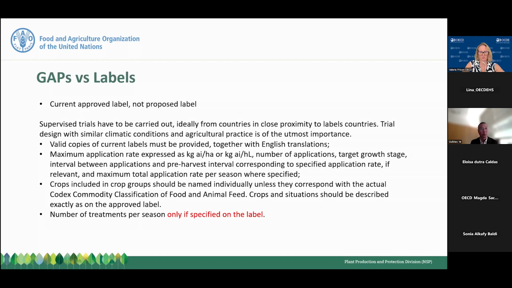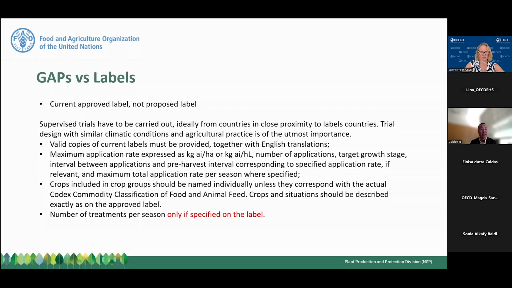So we always highlight that a valid copy of the current label must be provided. And if the label is not available in English, but available in other languages, the English translation should be provided.